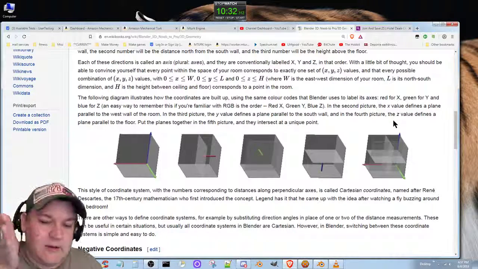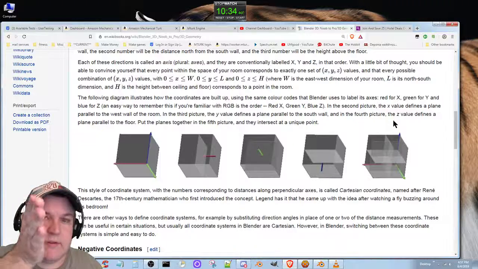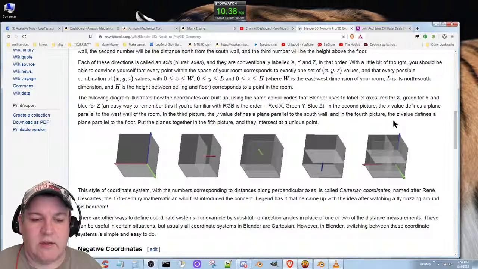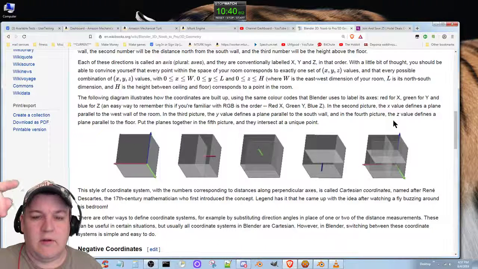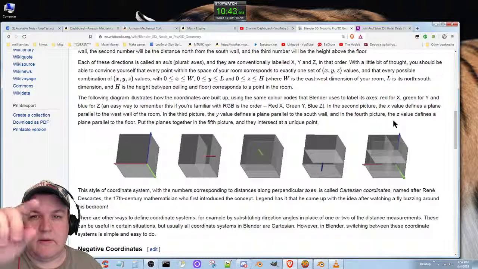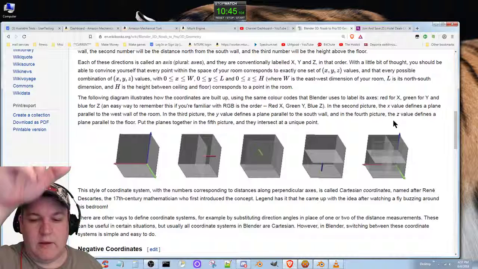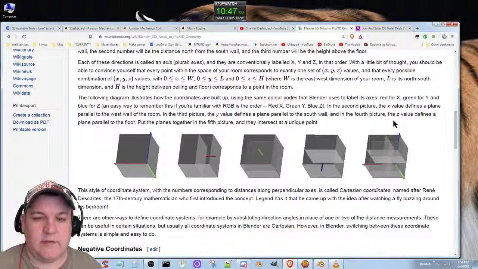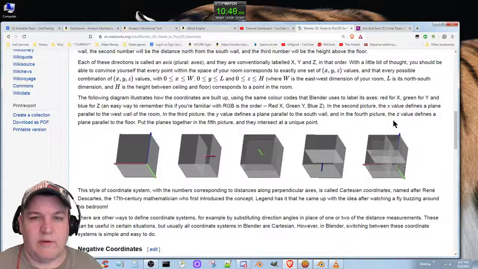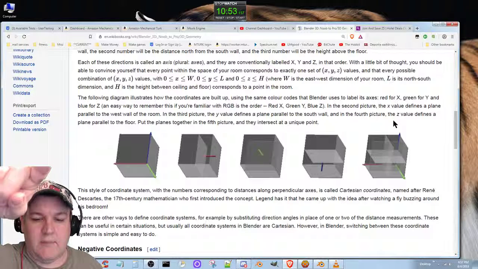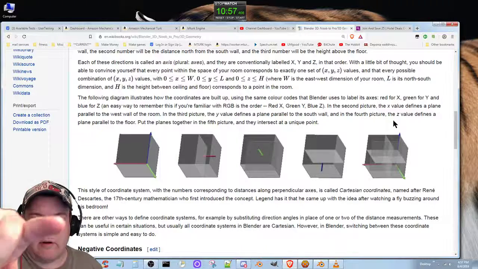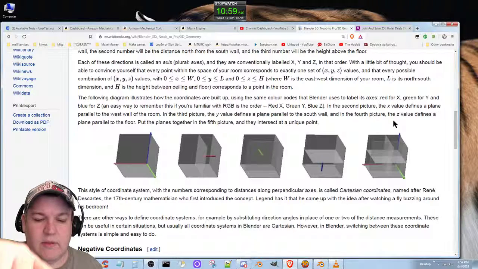So negative Z would be this way, positive Z would be this way, and then you have your X and Y kind of like you do in a 2D coordinate system, where X is this way and Y is up and down. And of course, in regular 2D raster graphics, the positive always goes down, but in an actual Cartesian coordinate system, the positive goes up.